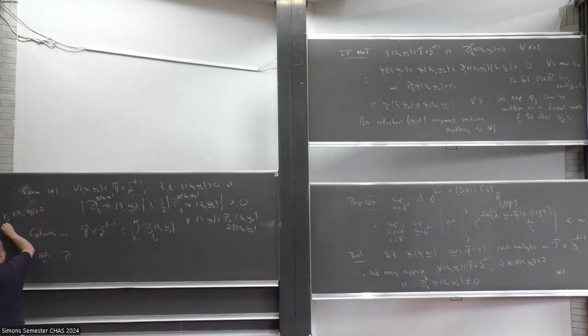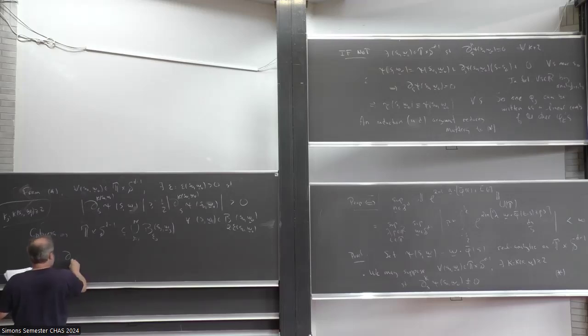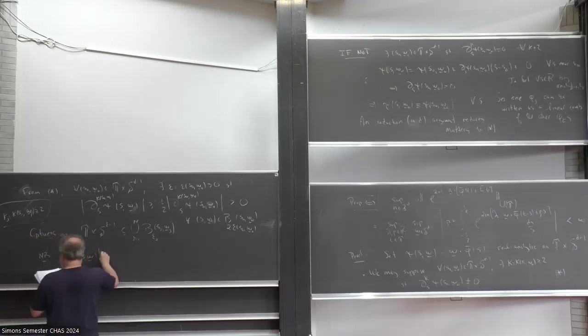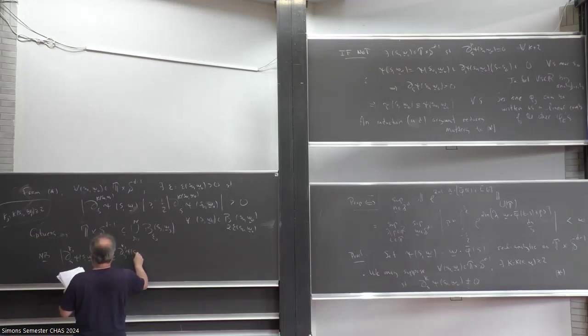These are all integers. So if I take the S derivative of K j in the S direction of psi of S and omega, I get that this is at least 1/2 times this K j derivative evaluated at the center, which is just some number now.